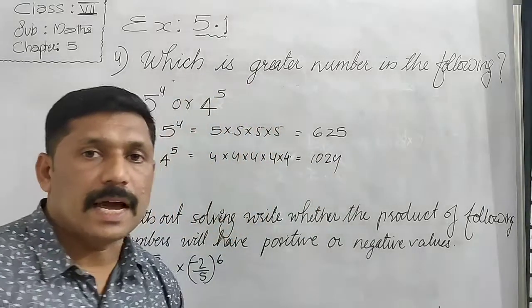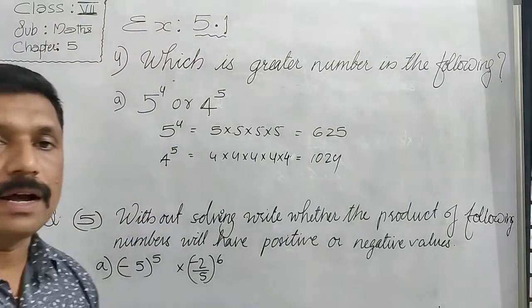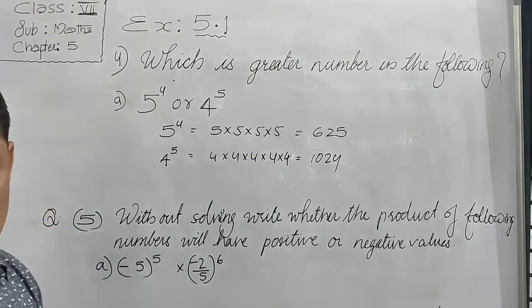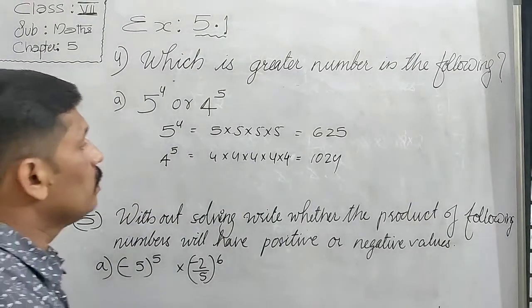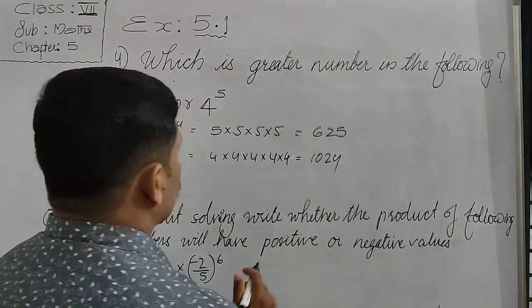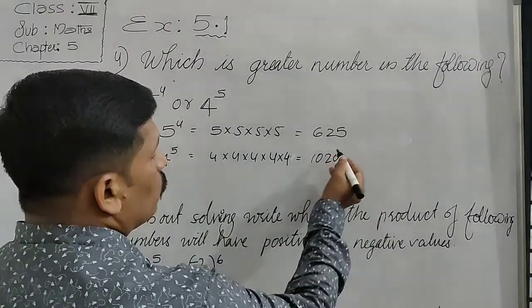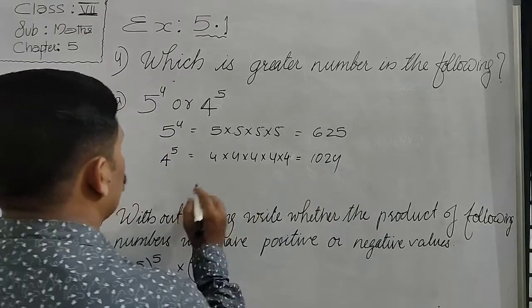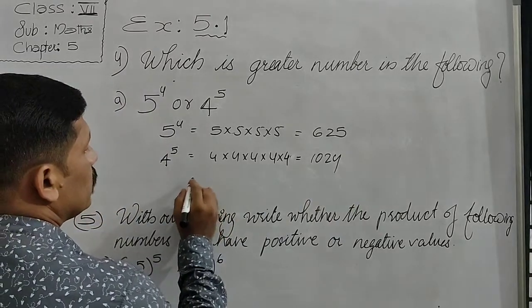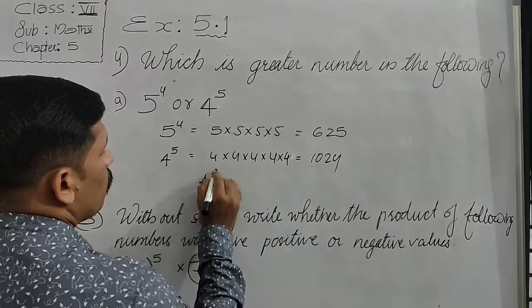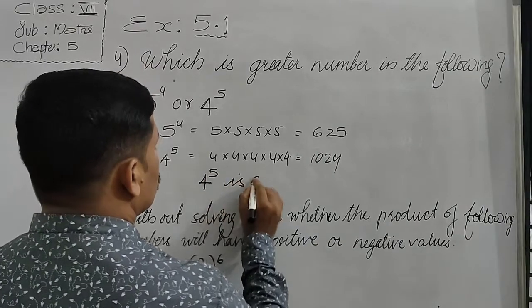Now we can very clearly identify which one is bigger and which one is smaller. Here its value is 625 and here 1024. Therefore, we can directly say that 4 power 5 is greater.